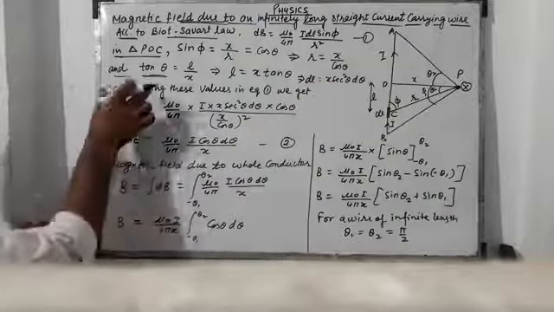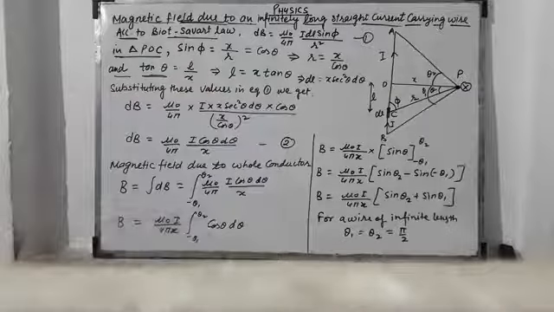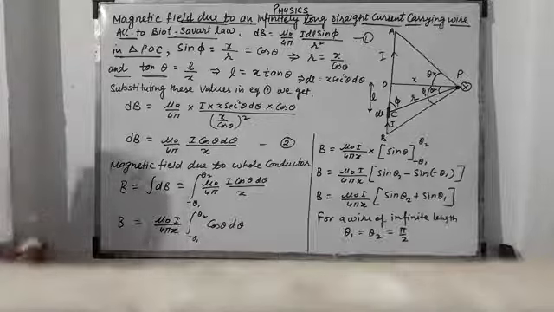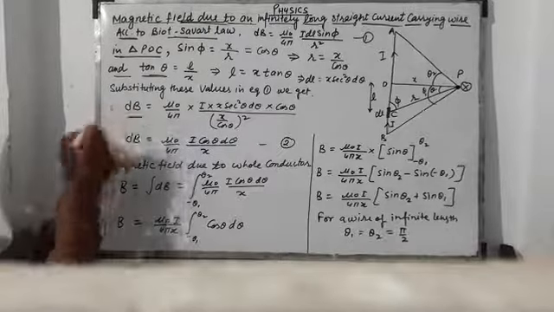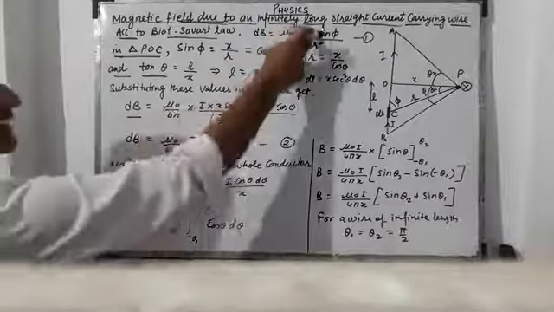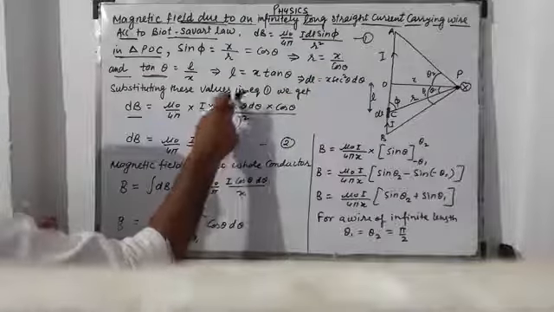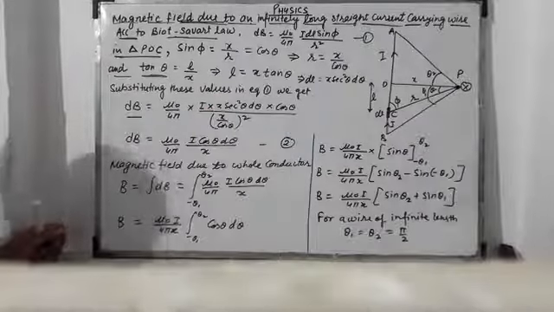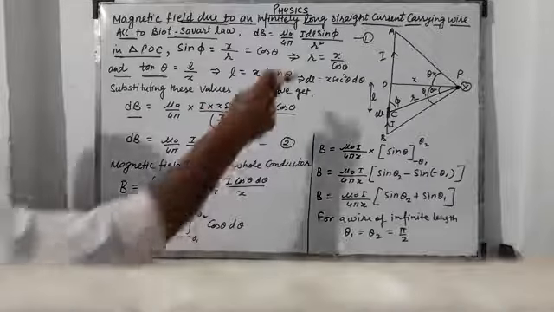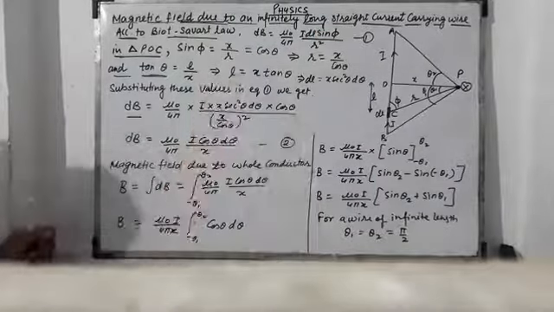Substituting these values in equation 1, we get dB is equal to mu naught upon 4 pi I. In place of dl, we have x sec square theta d theta, and in place of sin phi we have cos theta.